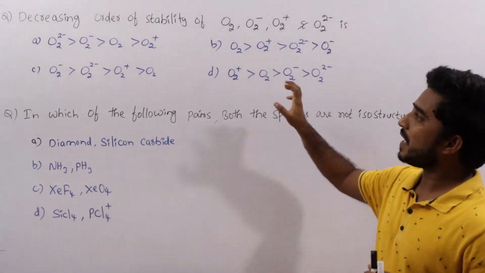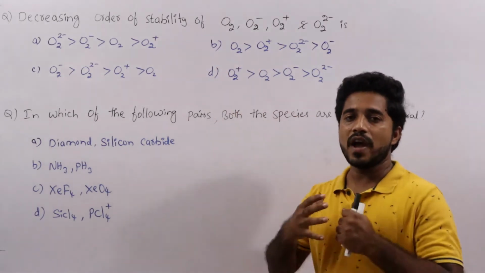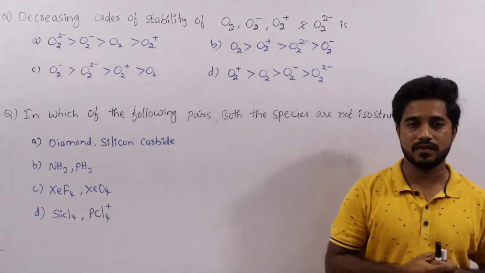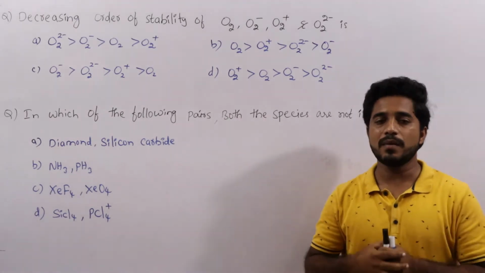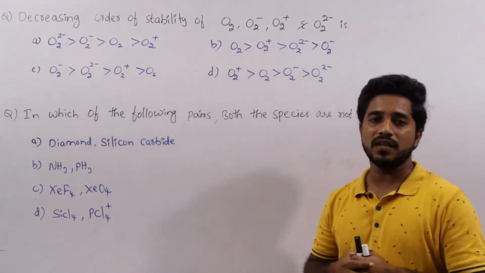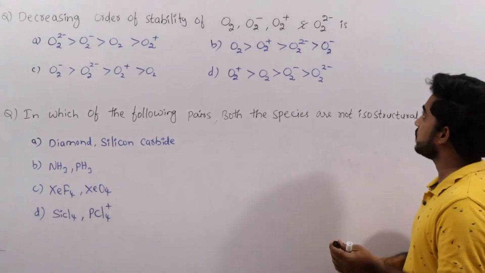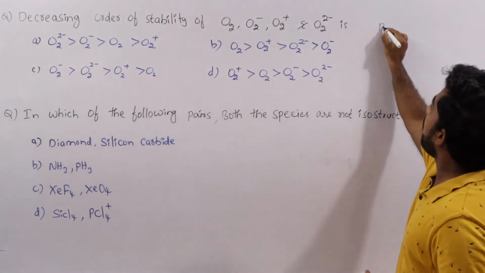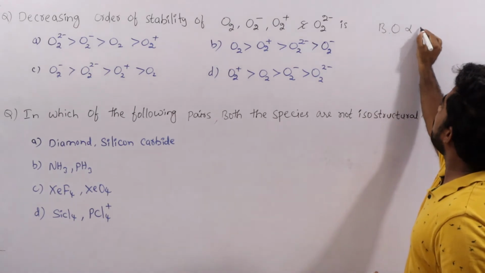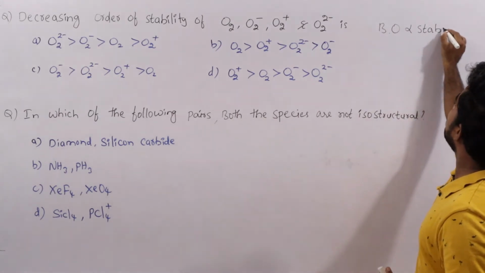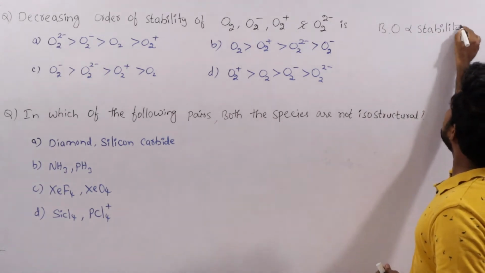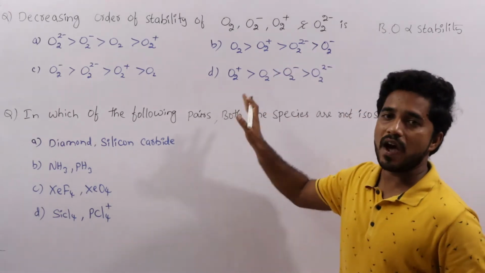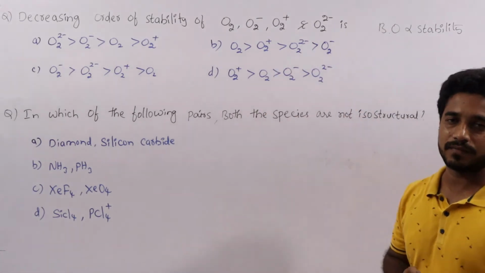So when you want to write the stability, we have to know about the bond order first. Stability and bond order are directly proportional. If bond order is more, stability is also more. That's why for these species we have to find out the bond order first.